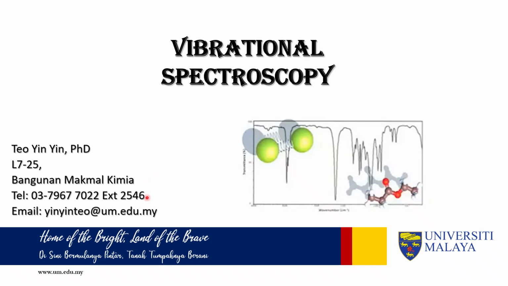Fourier transform infrared, or in short FTIR spectroscopy, has dramatically improved the quality of IR spectra and minimized the time required to obtain the data. So now we will look into how this infrared radiation produces the spectrum when it is directed to the sample.